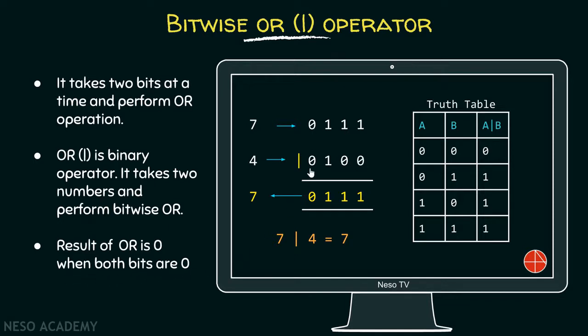Therefore, only when both bits are 0, the result is 0. Otherwise, the result is 1. Here is the truth table available for the OR operator for the sake of reference. 0111 is equivalent to 7 in decimal. Therefore, the final result of bitwise OR operator between 7 and 4 is equal to 7.